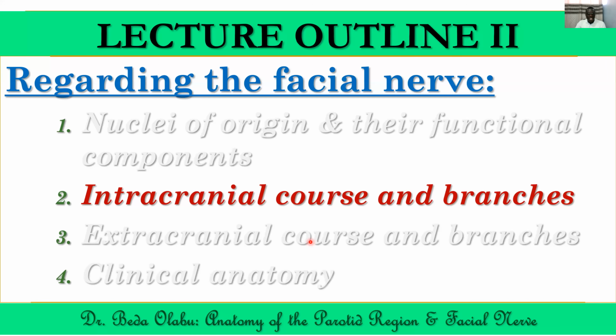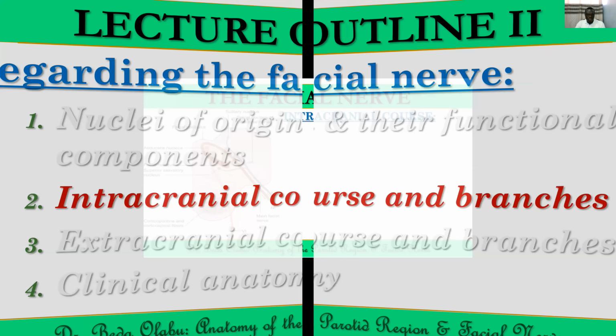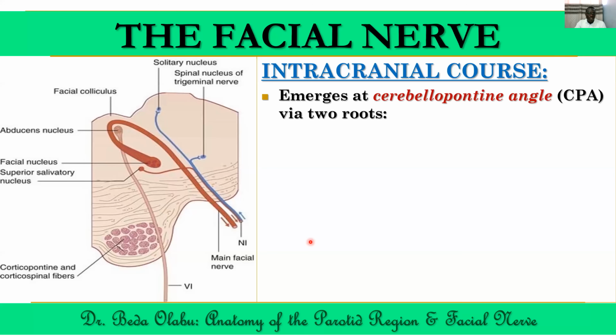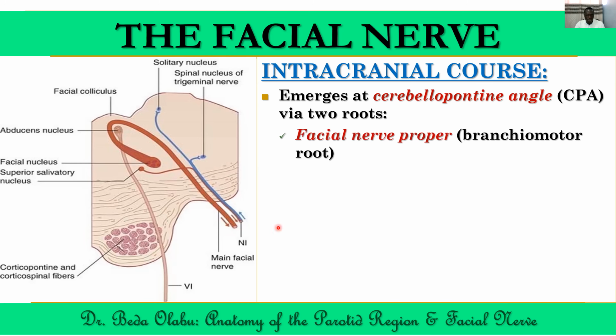Now we can talk about the intracranial course and branches of facial nerve. So facial nerve emerges at the cerebropontine angle via 2 routes, as I've just mentioned. We have what we call the facial nerve proper, and this is the branchiomotor route, the route that carries nerves that supply muscles of facial expression.